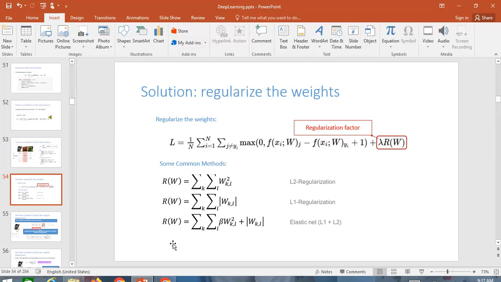This function usually has several forms. For example, we can raise each element of matrix W to the power of 2 and add them together. To have the minimum, the numbers corresponding to W must be small.